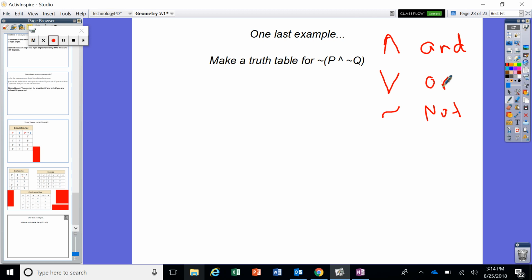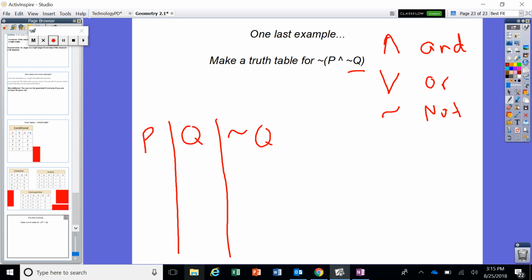Definitely feel free to pause the video and take a challenge for yourself before we dive in to see what we need here. First and foremost, we need to start with P and we need to start with Q. Now we have to figure out what else is in our truth table. There's a not Q in the truth table.